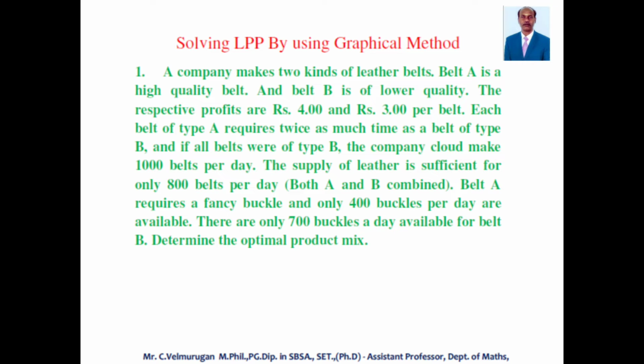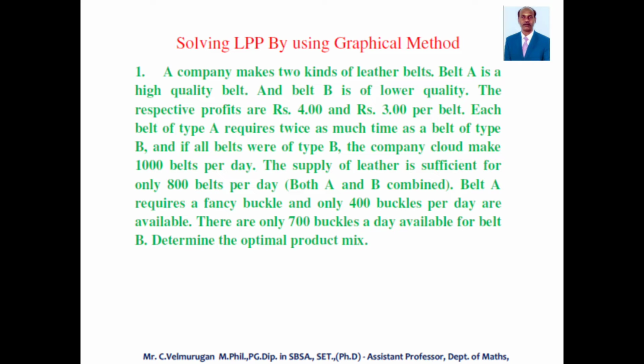Belt A requires fancy buckles and only 400 buckles per day are available. The fancy buckles are needed for belt A, but we have only 400 per day. In the same way, 700 buckles are available for B per day. We want to determine the optimal product mix.